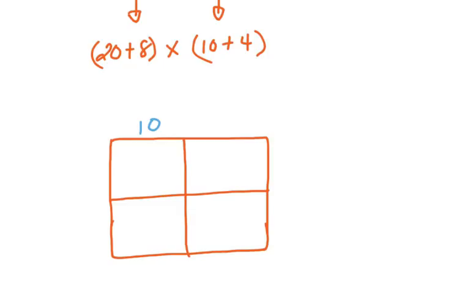I'm going to put 10 and 4 up here, and I'm going to put 20 and 8 right here on the side. My little multiplication sign right over there in the corner. So now I'm going to multiply. 20 times 10 is 200. 20 times 4 is 80. 8 times 10 is 80. And 8 times 4 is 32.